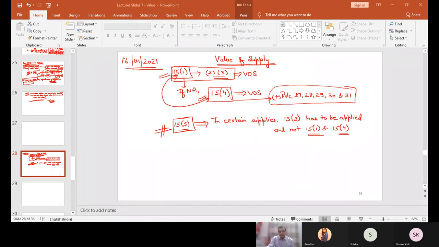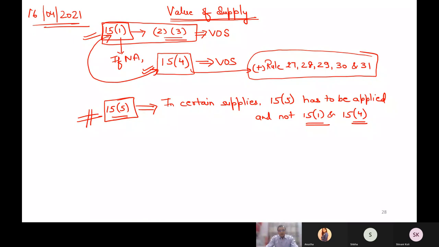Okay, next point. So now the purpose is to tell you which are those cases where 15.5 has to be applied and not 15.1 and 15.4. One such case I have covered in the last lecture. That was betting and gambling income. That was rule 31A. In case of lottery, betting, gambling, etc., I have not checked the application of 15.1. I have not checked the application of 15.4.